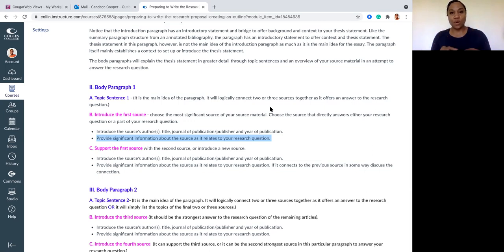Robert, you have a question, and I want to look at that question. Let's see. Your sources. Okay, yes, if you have sources that you presented for the preliminary bibliography that are not working necessarily for the annotated, you can go back and get more sources.